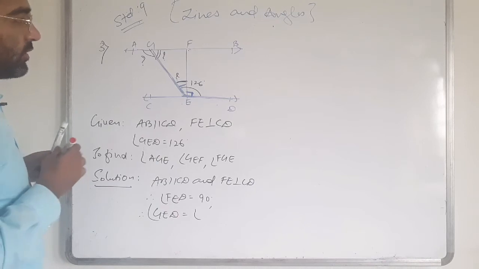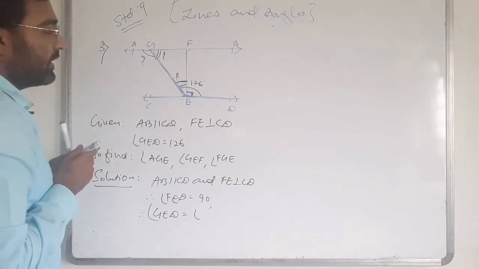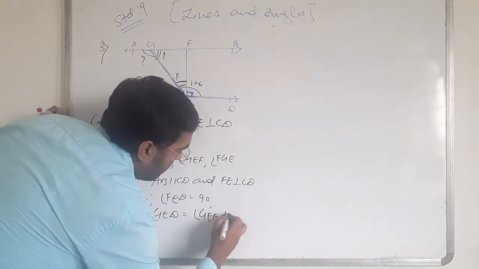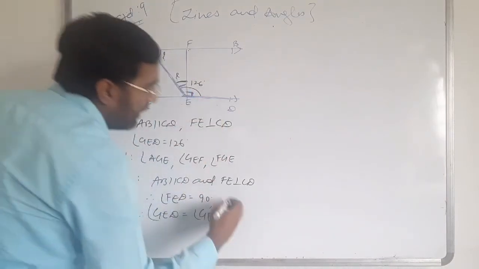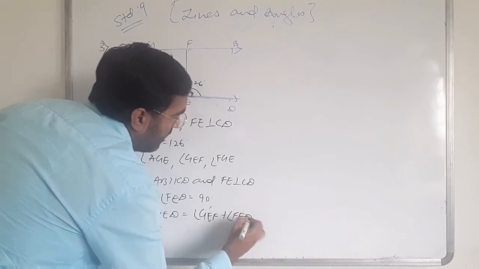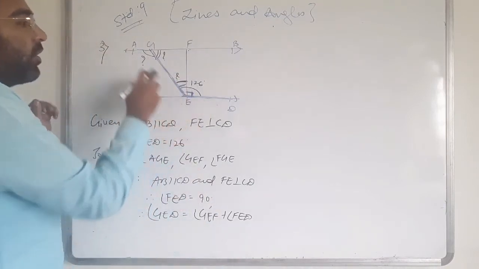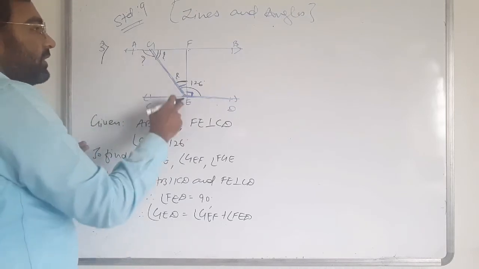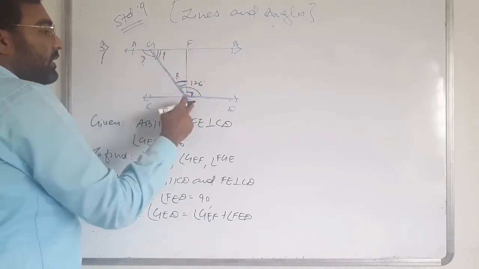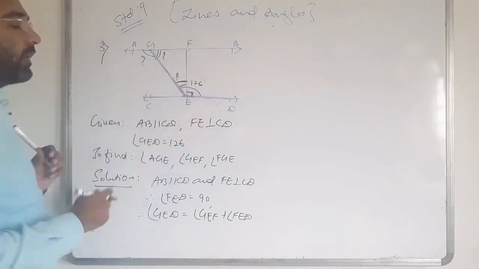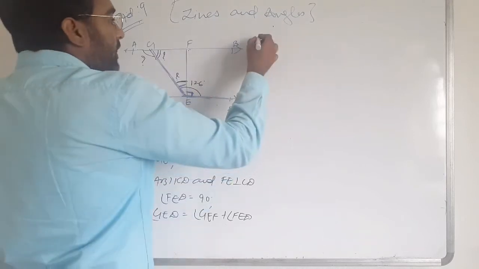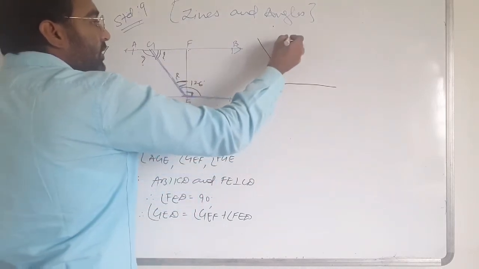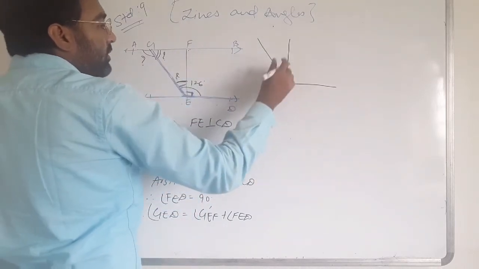So I'll write angle GEF plus angle FED. The whole angle GED is divided into two parts. First one is GEF, and the second one is FED. If you want, I'll draw a separate figure for that here, like this.